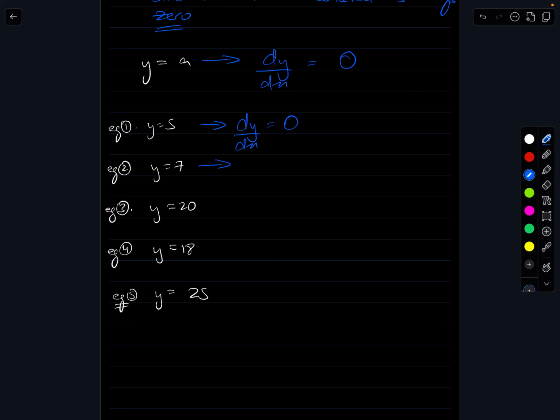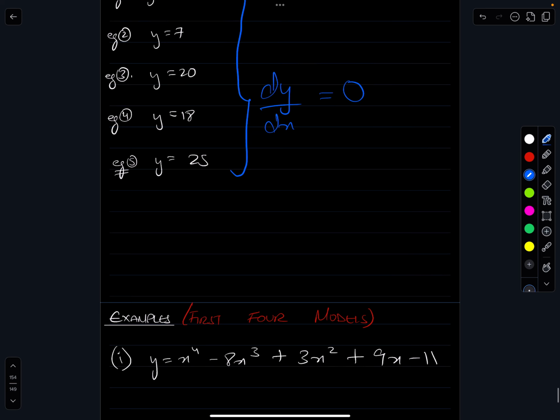And then in this case too, dy by dx is going to be 0. And in the last two cases too, or rather in all these cases, dy by dx is going to be 0. Why so? I'll repeat, I'll write down the background. So let's say I have y equals 13, so there's going to be a 1 here.